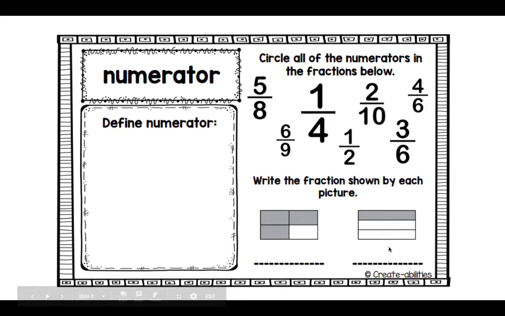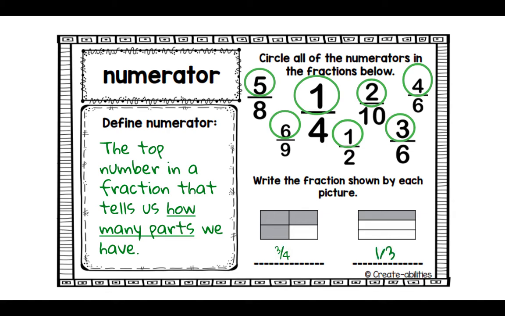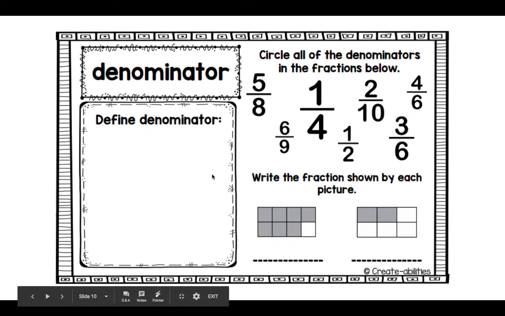Now, that's the numerator. Some people remember that the numerator is on the top because they know that north is on the top. If you know north, south, east, and west, north is on the top. Some people also remember that numerator is on the top, because the denominator is on the bottom.